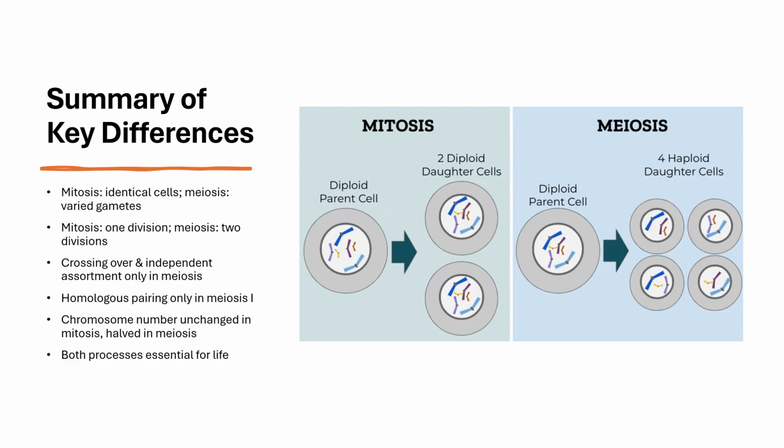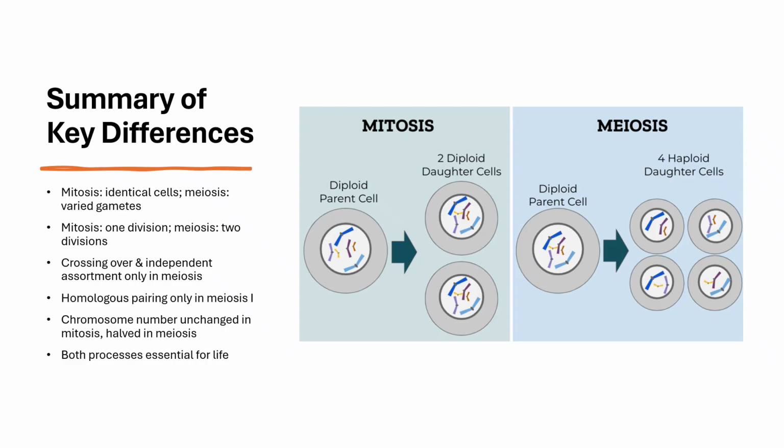The differences between mitosis and meiosis become easier to remember when viewed side by side. Mitosis produces identical cells through a single division, while meiosis produces genetically varied gametes through two divisions. Only meiosis involves crossing over and independent assortment, which together create extraordinary genetic diversity.